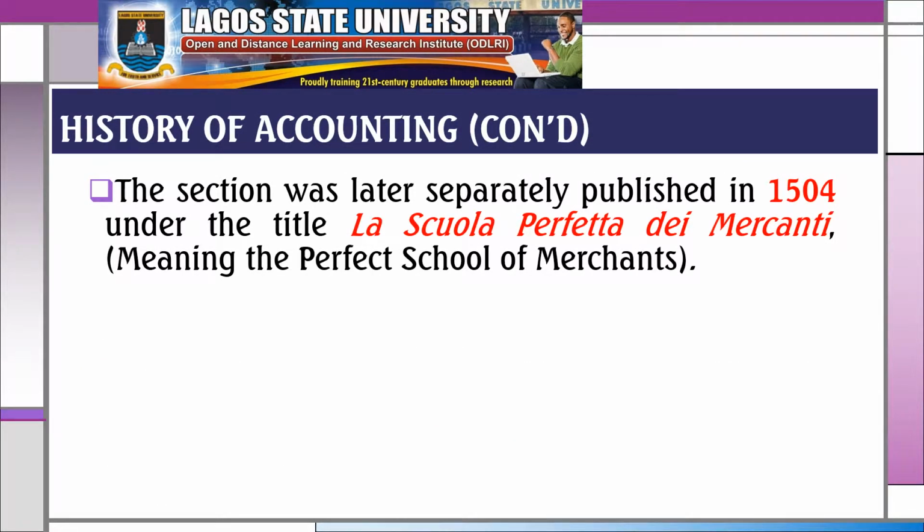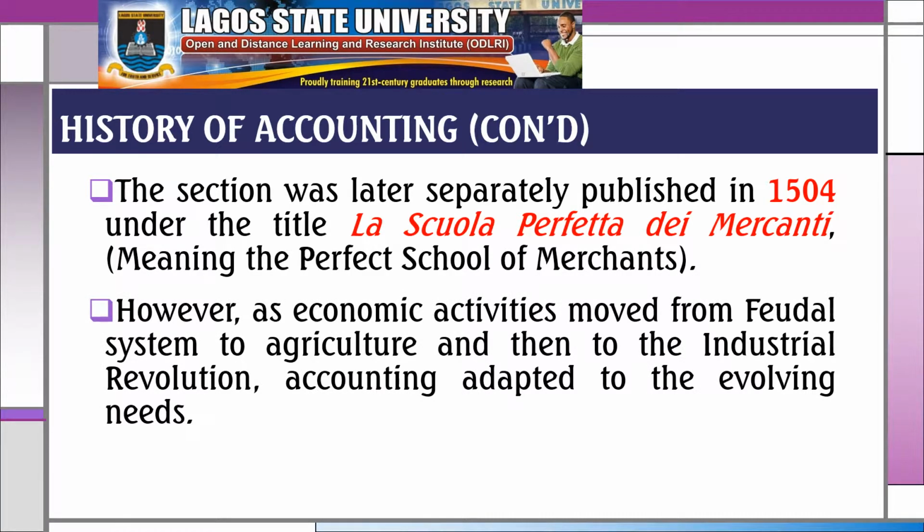The section was later separately published in 1504 under the title La Summa Perfecta de Mercanti, meaning the perfect school of merchants. However, as economic activities moved from the feudal system to agriculture and then to the industrial revolution, accounting adapted to the evolving needs of society.